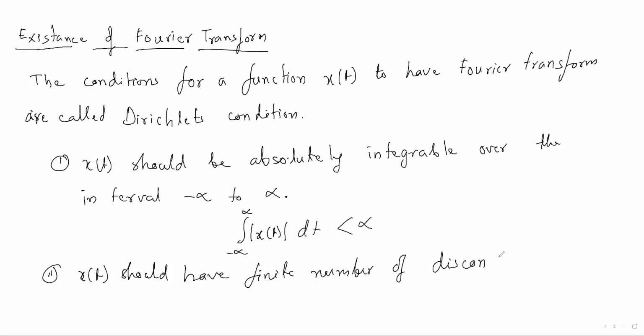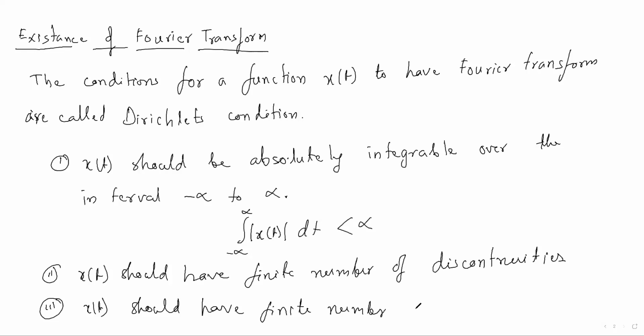I have already said what a discontinuity is: a sharp change in the signal, like a step signal. Third, x(t) should have a finite number of maxima and minima.